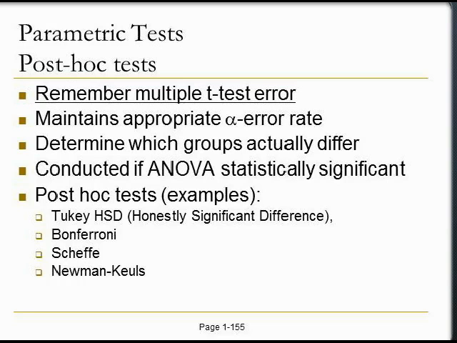Post hoc tests are frequently used with analysis of variance in an effort to control our type 1 error rate, or our alpha error rate. Okay, and this gets over the problem that we discussed about multiple t-tests. So when we do an ANOVA, we get 1 p-value.